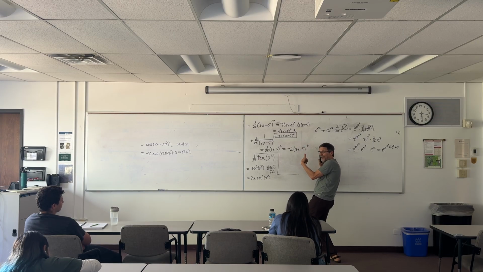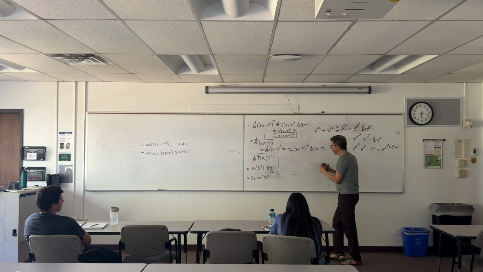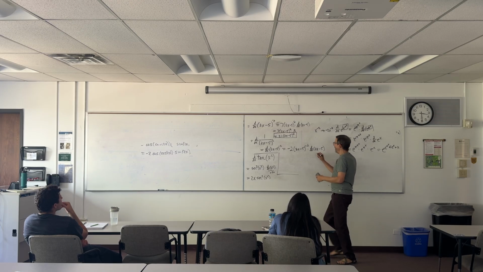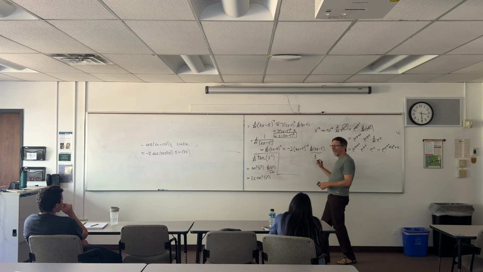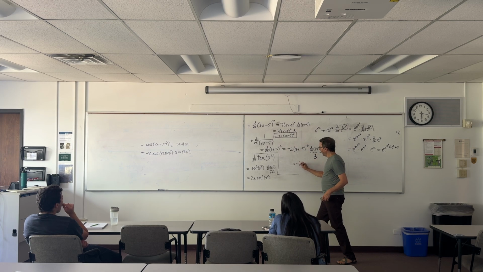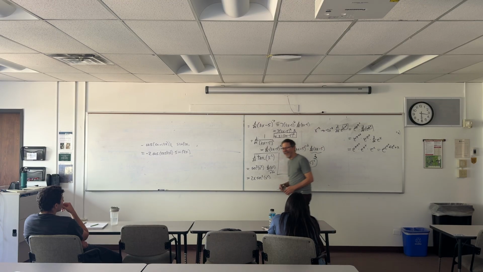And then times the derivative of the inside, 3x minus 5. The derivative of 3x is 3, and the 5 goes to 0. So I think that's what you were asking about. And then the 3 times the negative 2 gives negative 6, times 3x minus 5 to the negative third. Does that help? Cool. Any other questions?